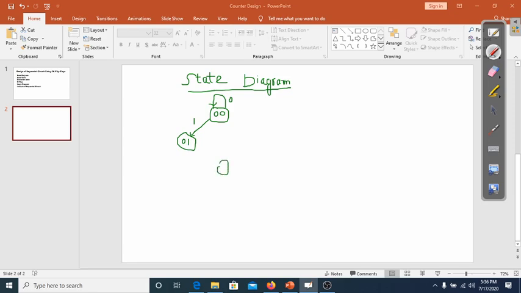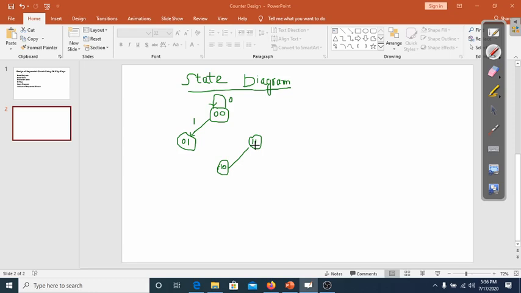Further, there are 4 states: 0 0, 0 1, 1 0, and 1 1. So there are 4 states. These can be described by 2 bits. For this purpose, the required number of flip-flops would be 2. As already discussed in the previous lecture, if we have 2 bits, then we use 2 flip-flops.